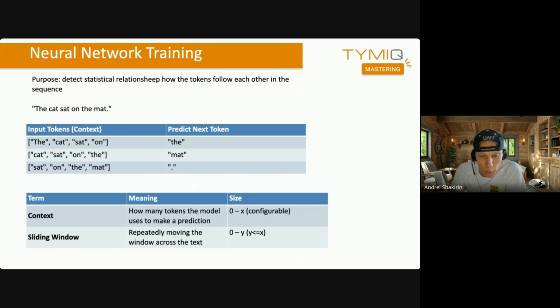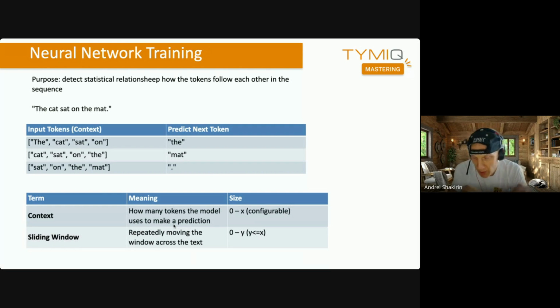There are two parameters that are very important for the models. The first is the maximum context, a kind of maximal number of tokens that the model takes into account for prediction.